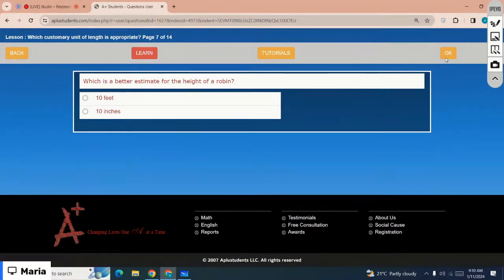Which is a better estimate for the height of a robin, 10 feet or 10 inches?